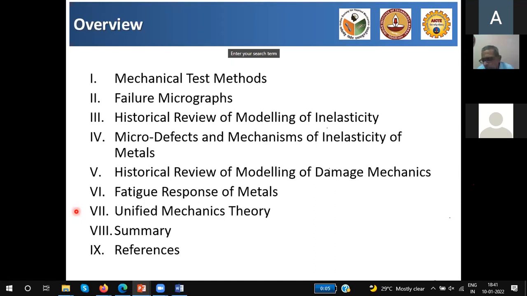But when you go back into the literature, especially the history of modeling, you find that initial work has always been done on metals, and the concepts from metals have been borrowed and used in various other materials, be it concrete, soils, composites, and so on.